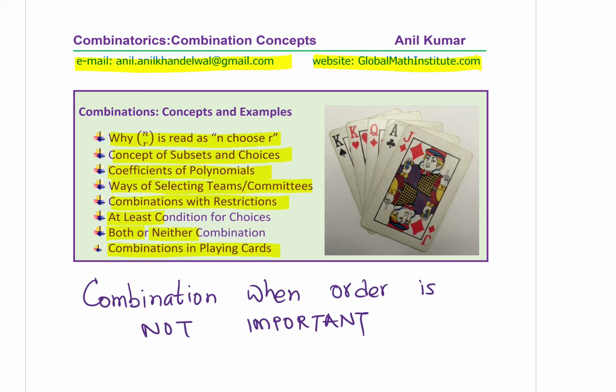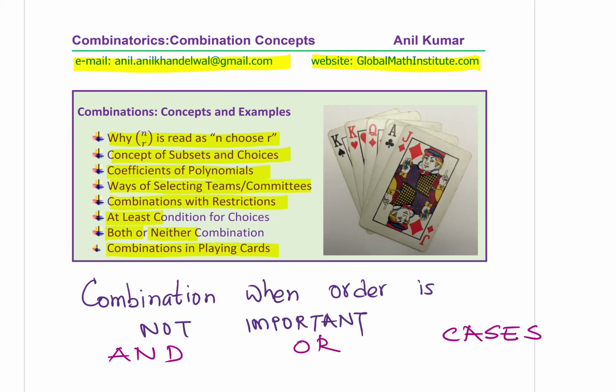And you can always have the cases of and or, right? So we could have and, we can have or, and we could have different cases. Or means you have to add, and means you have to multiply to get your complete choices.